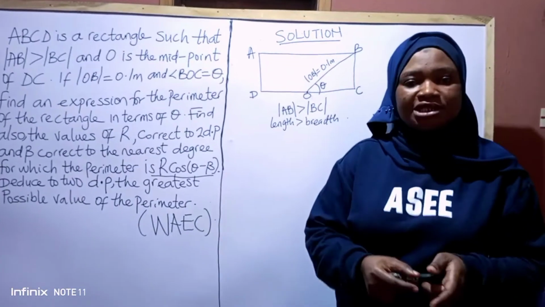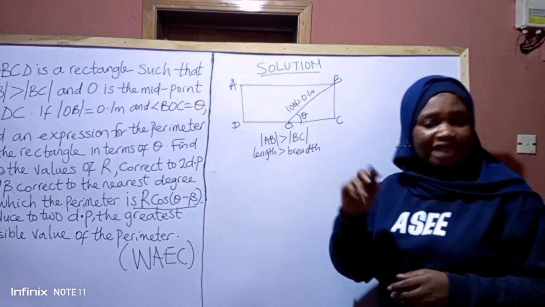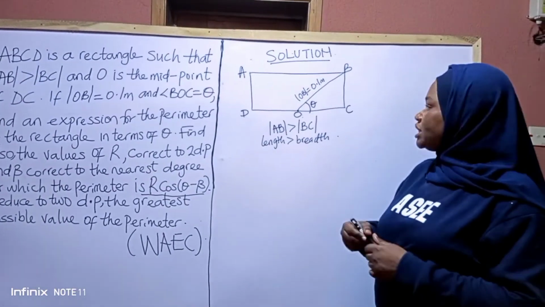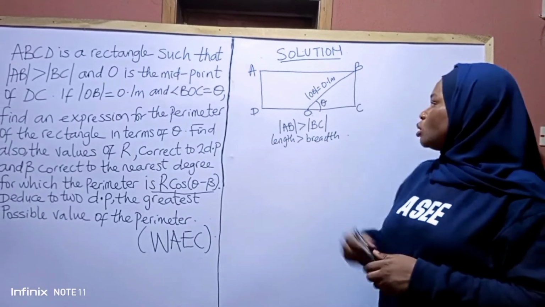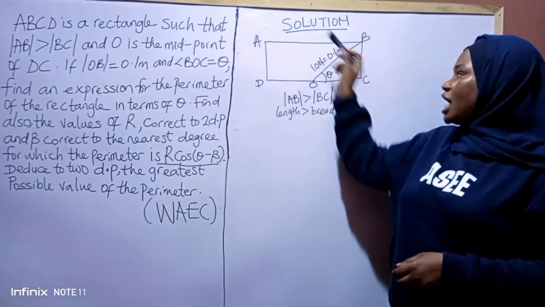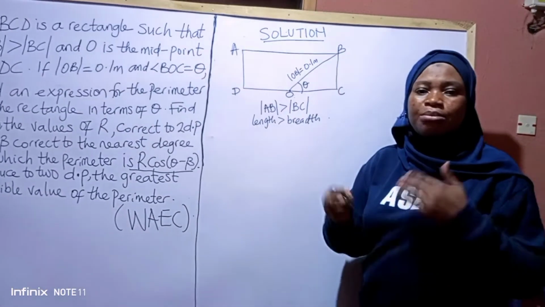Now, what is perimeter? Perimeter is the addition of all sides of a plane shape. Rectangle is a plane shape. It has 4 sides, so 2 lengths and 2 breadths. The addition of all these sides is what we know as perimeter.